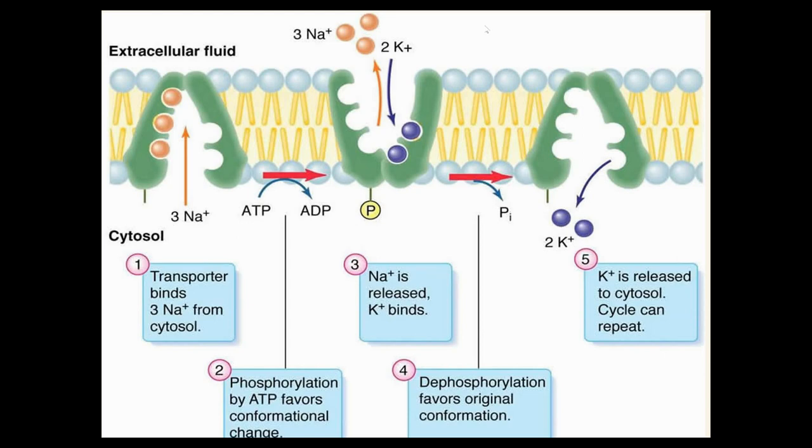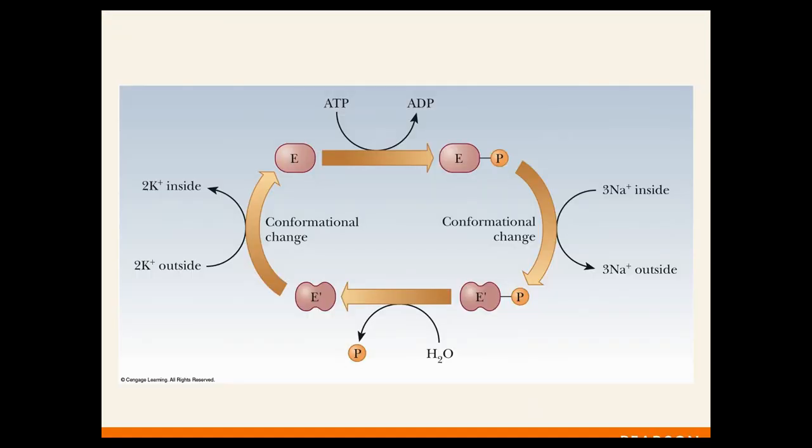And then on the outside of the cell, it ends up being more positive than the inside. Again, showing the enzyme phosphorylated, conformational change kicks sodium out, dephosphorylation brings potassium in. And so this is just a great example of how phosphorylation events create a change in the enzyme's function.